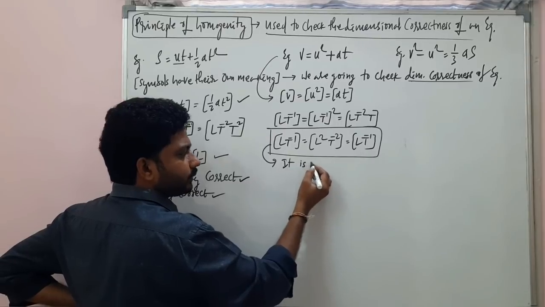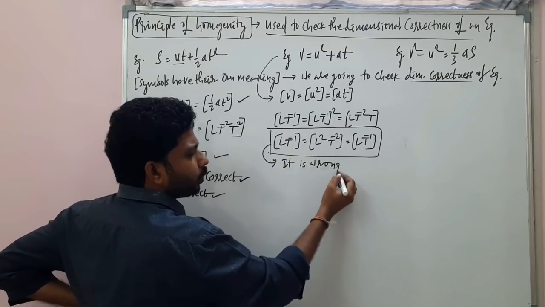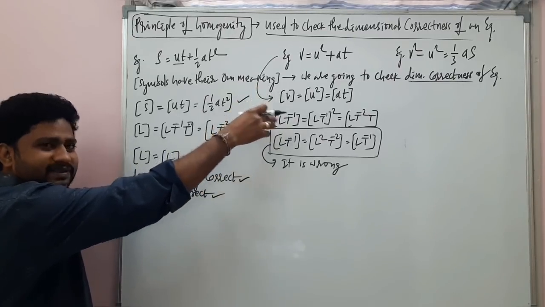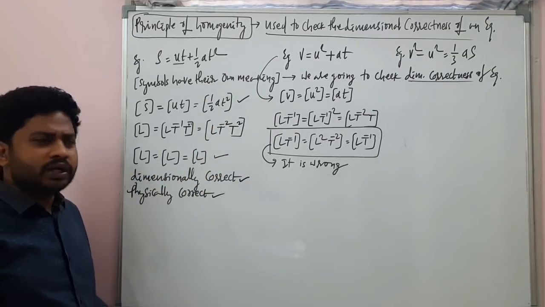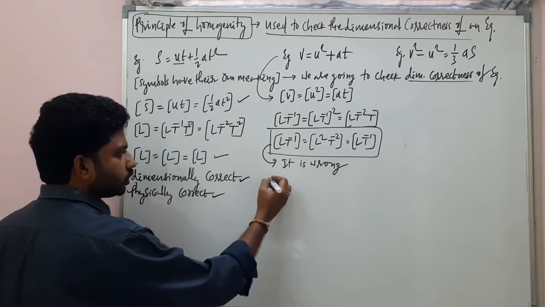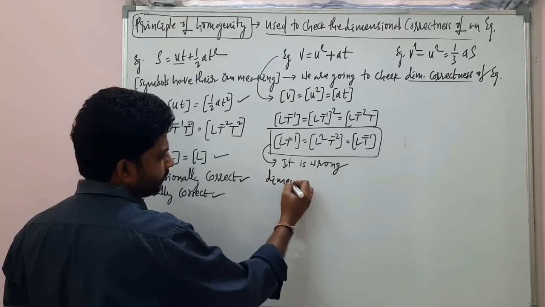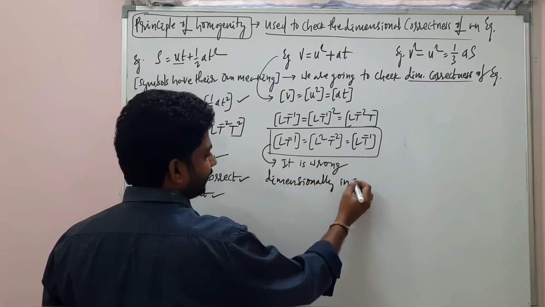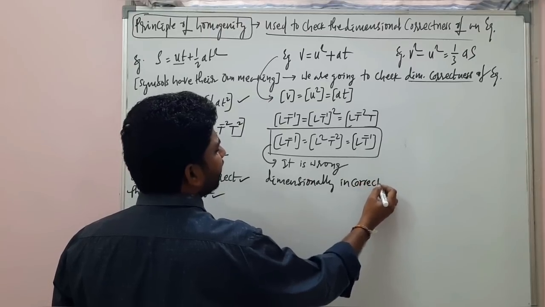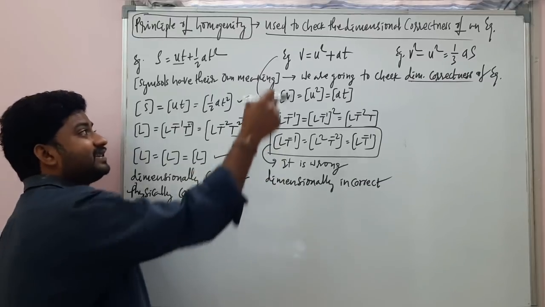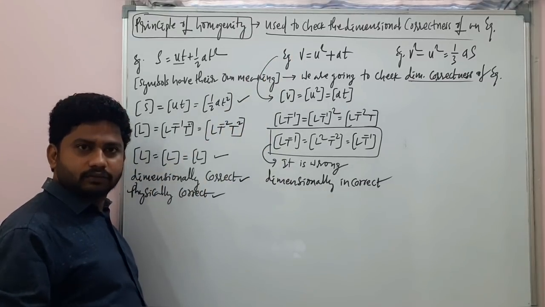It is wrong. So can I say this equation is dimensionally correct? No, the principle of homogeneity is not satisfied. So this given equation is dimensionally incorrect. Carefully see. Can I say this equation is physically correct?